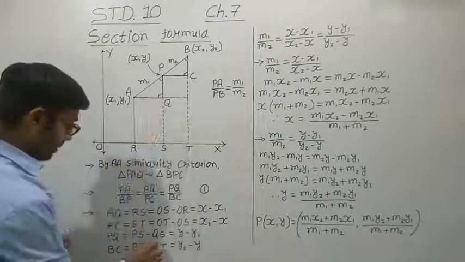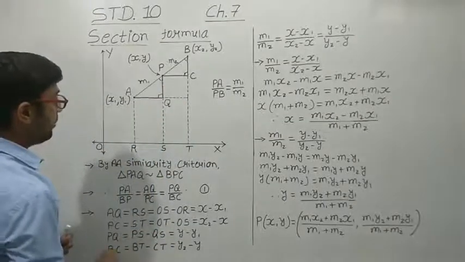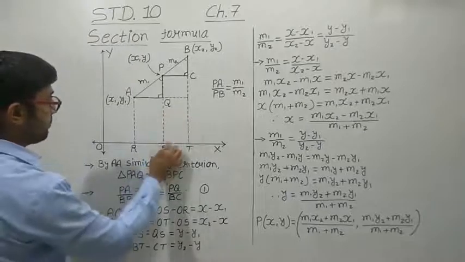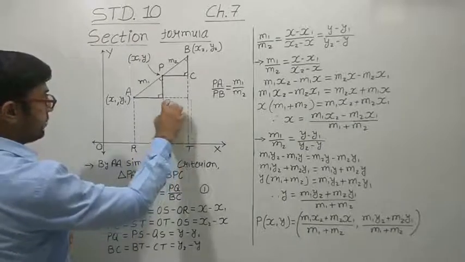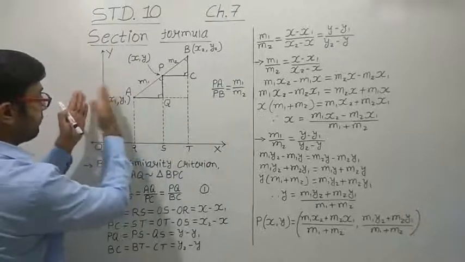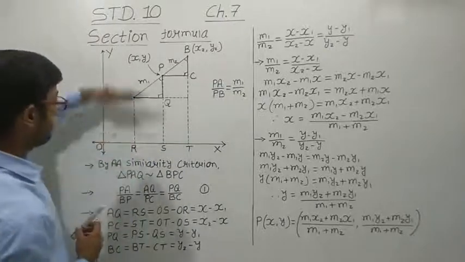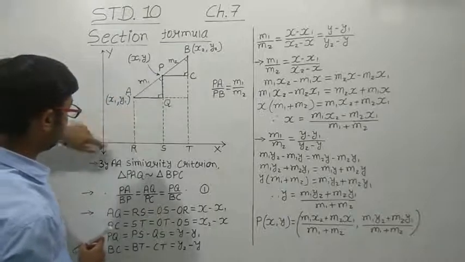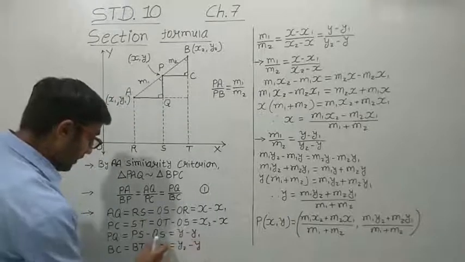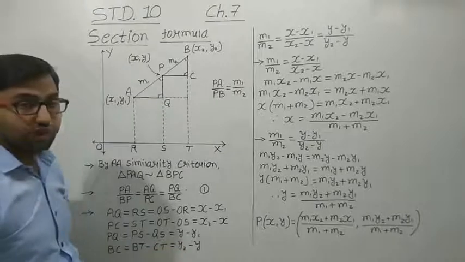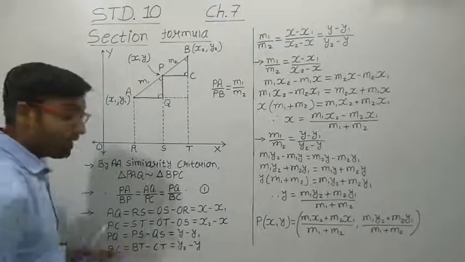In the same way, QS. This point is how far from the origin on the y-axis? That is y1. So here we get PQ is equal to y minus y1.